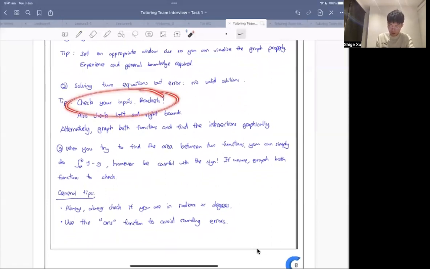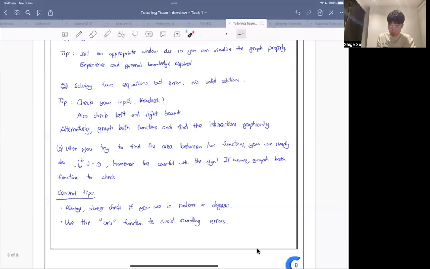If you checked all of those and it still has no solutions, check your left and right boundaries, because when you try to find the roots on your calculator, you need to give them a left and right boundary, right? Make sure you give good ones. So don't give something like minus infinity to infinity, because that's not helpful. Again, here you need experience and general knowledge, and that's something I can't really teach you.